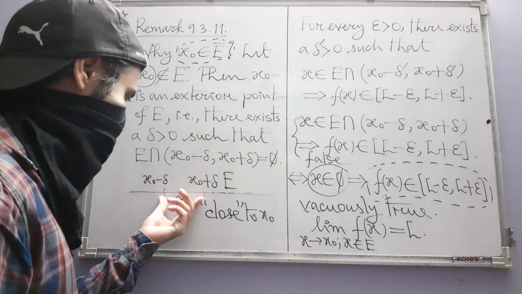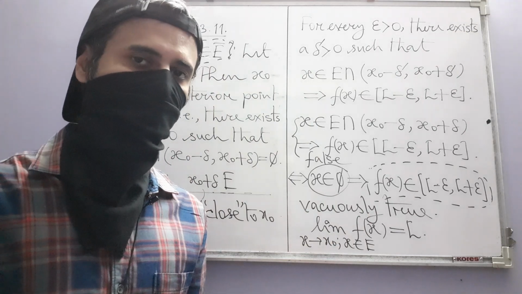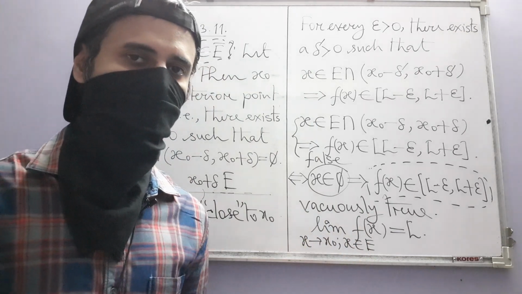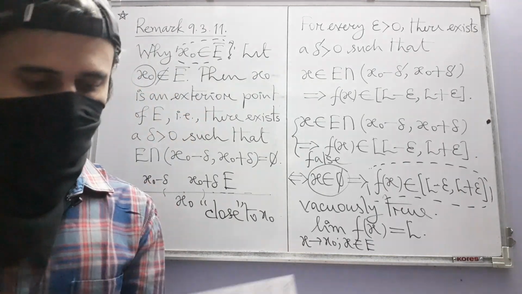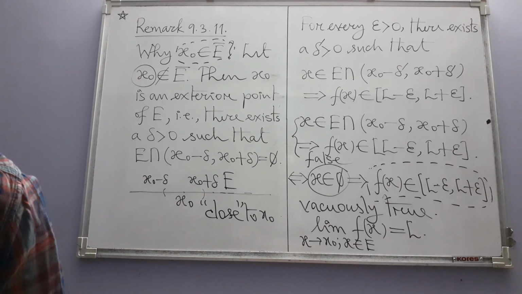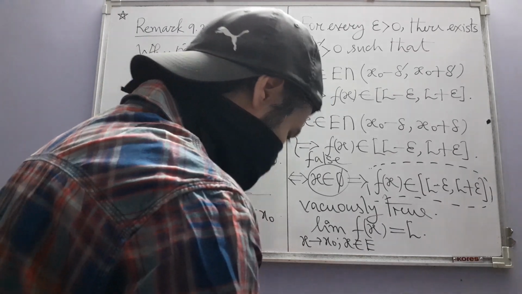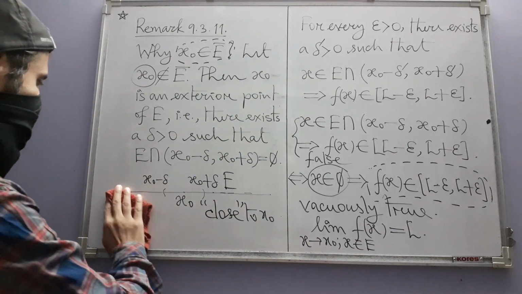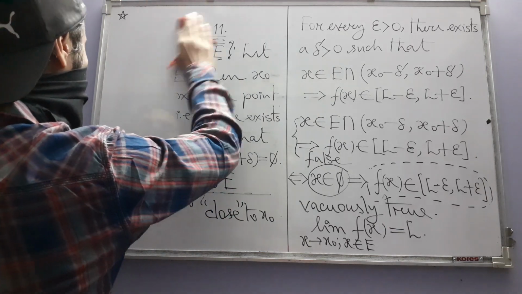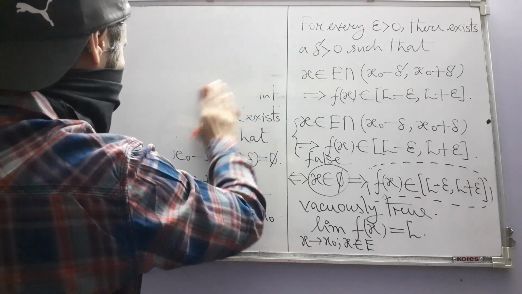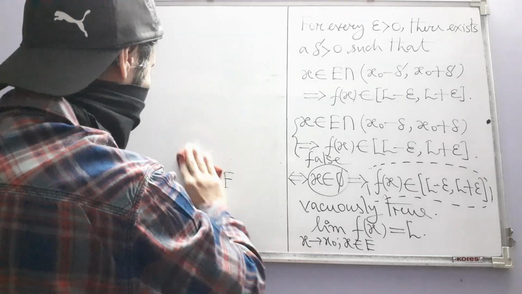If nothing gets close to x naught in the first place, then things are true, vacuously true, but it loses meaning and purpose, everything. Okay, so that's why we need this condition. Alright, so let's now move on. So it's not just merely a fancy thing to consider adherent point, it's necessary actually.